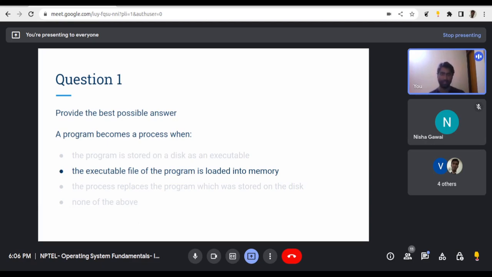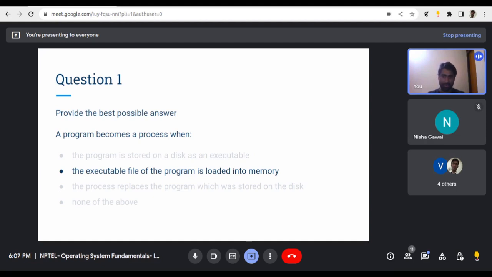Once it can access the CPU and the execution starts, then the program actually becomes the process. Actually, once it is loaded into the main memory, the program becomes a process.